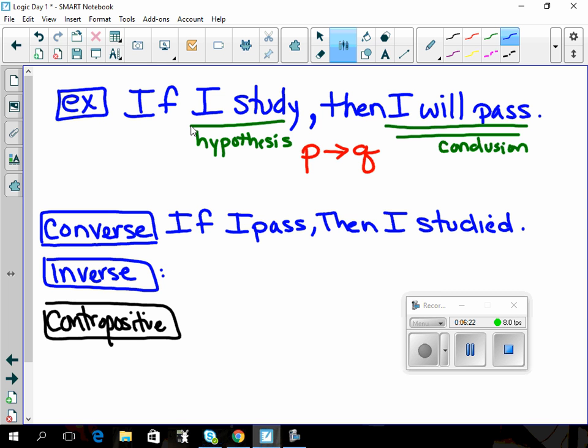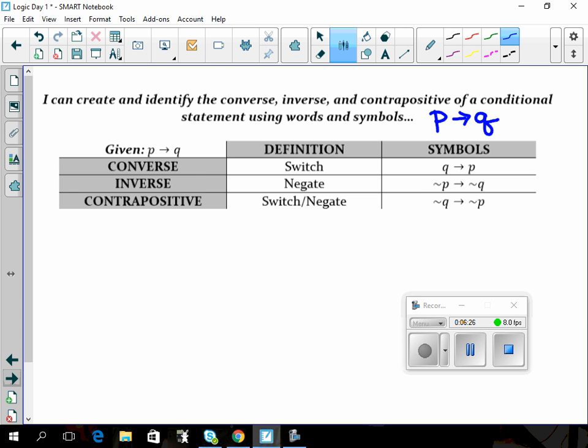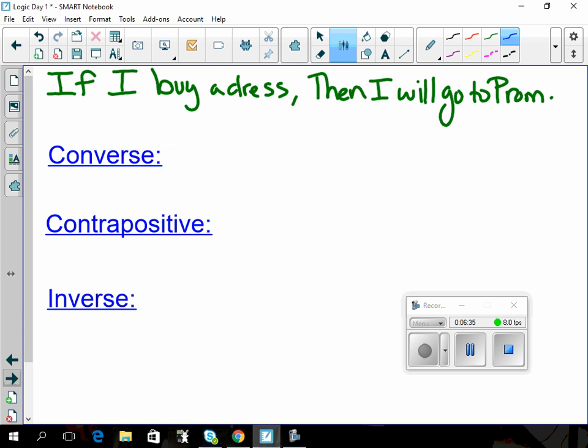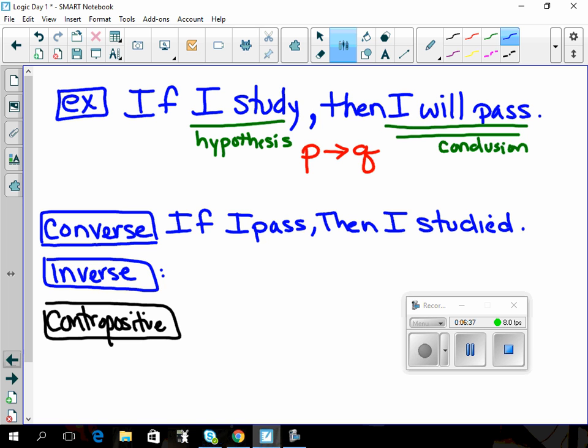Look at your notes, and what does it tell me that in the inverse I'm going to be doing? Negating, right? So I'm going to be putting nots in there. It would say if, and does the order change? No, the order stays the same. I'm just putting nots. I'm just negating it.